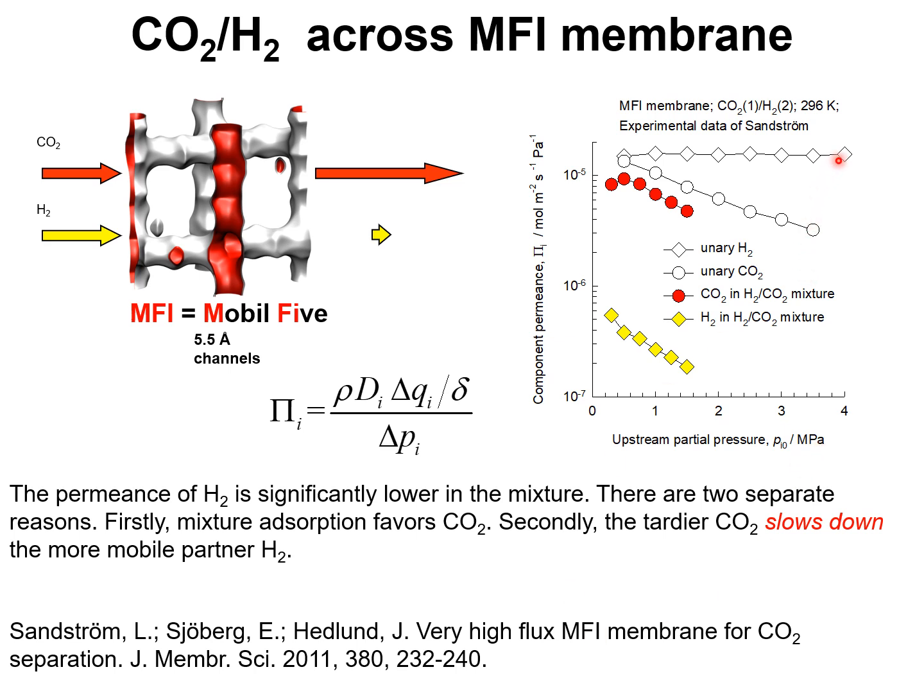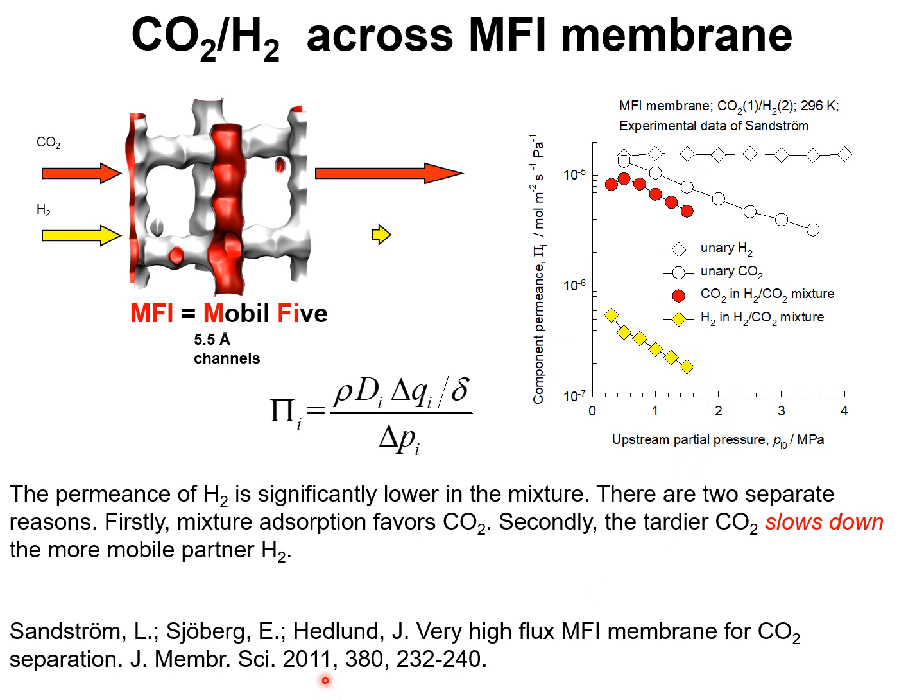It's interesting to note that the hydrogen permeance in the mixture is lower than the unary permeance by about 1.5 to 2 orders of magnitude. The CO2 permeance in the mixture is only slightly lower than the unary permeance of CO2. There are two reasons why the hydrogen permeance in the mixture is lowered by about 2 orders of magnitude.